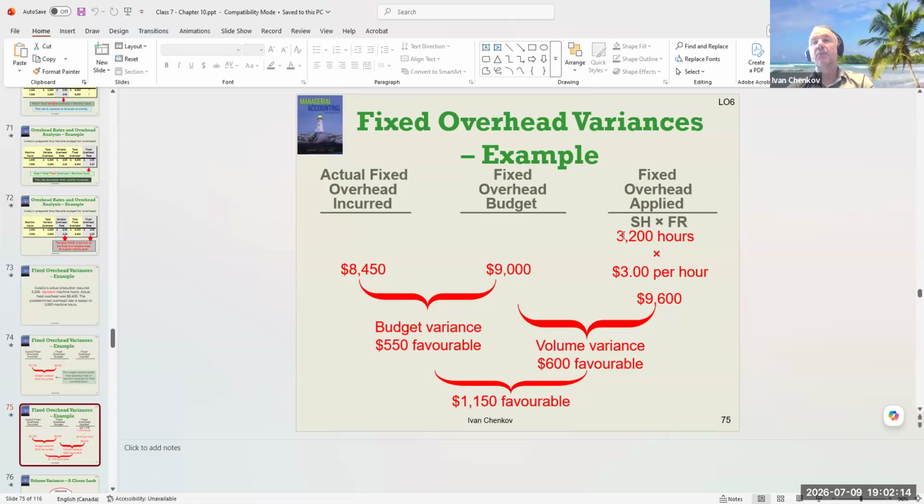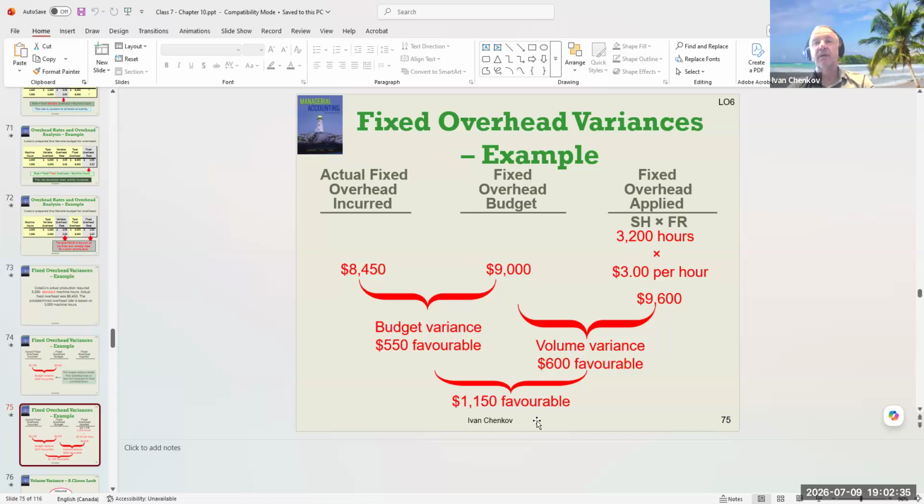Why? Because we're not using the standard hours which are allowed for our production. We're using only 3,000 hours. So we are not utilizing the hours that we have available. For that reason, we have the volume variance, which in this case is favorable, of $600.